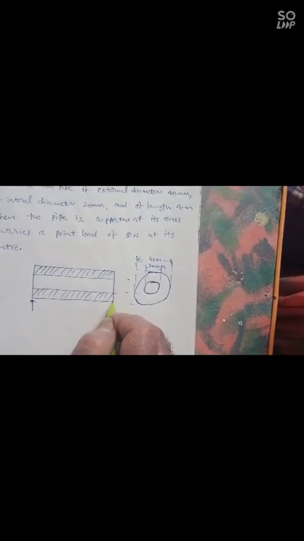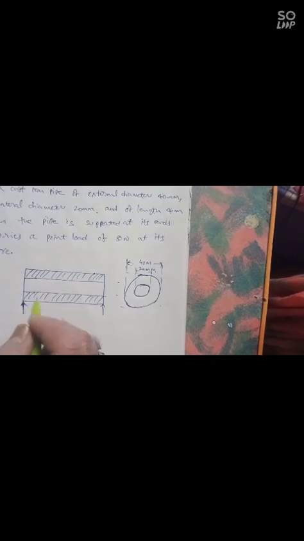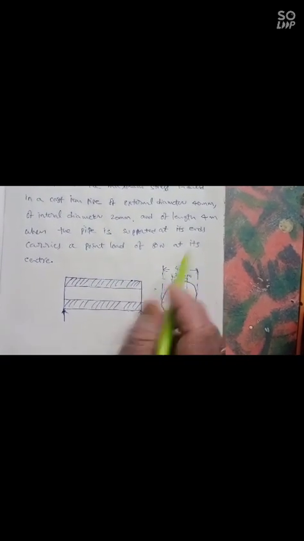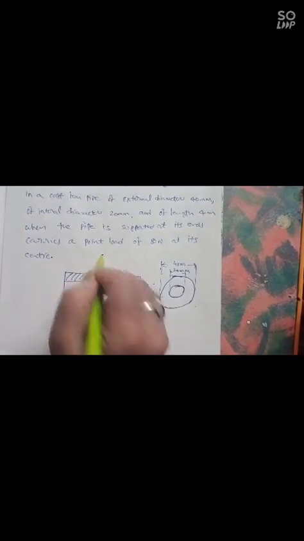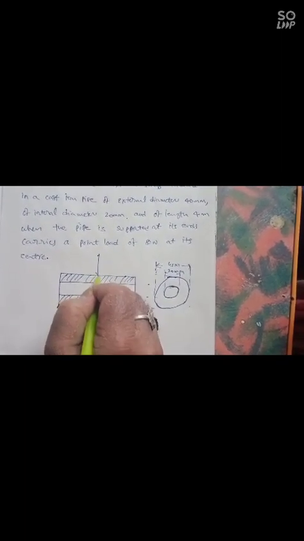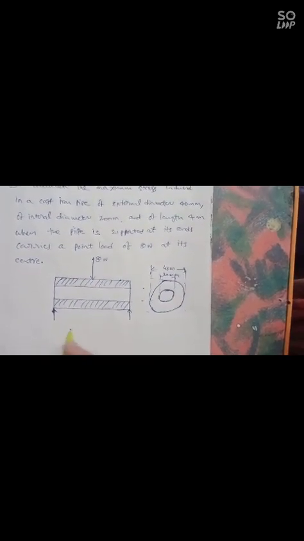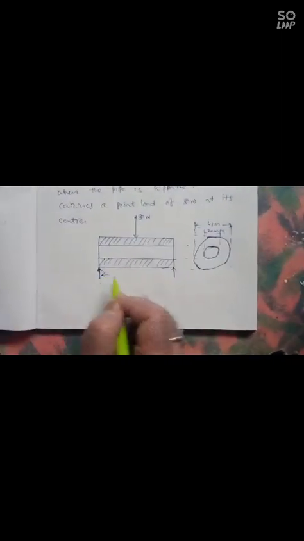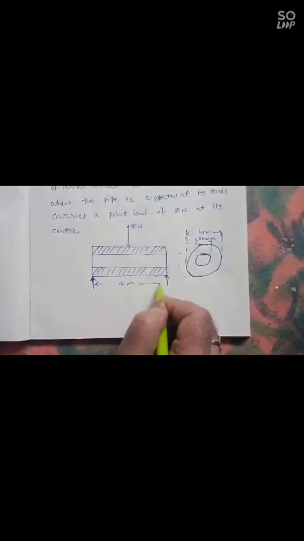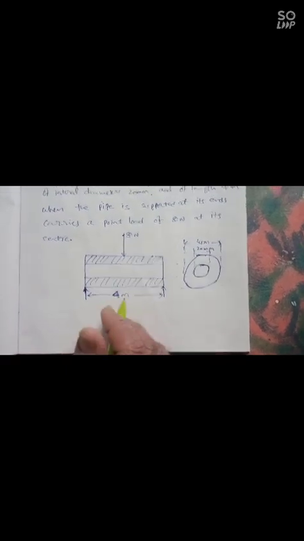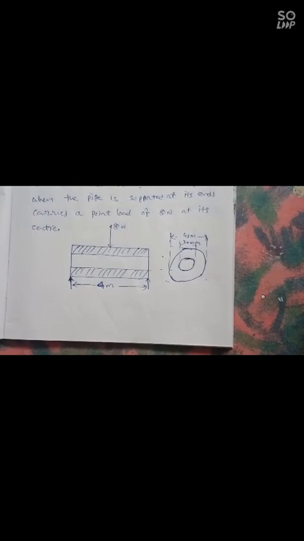This pipe is supported at its ends, so simply supported, and carries a point load of 80 newtons at the center. Its length is 4 meters. Okay, so this is the problem given.